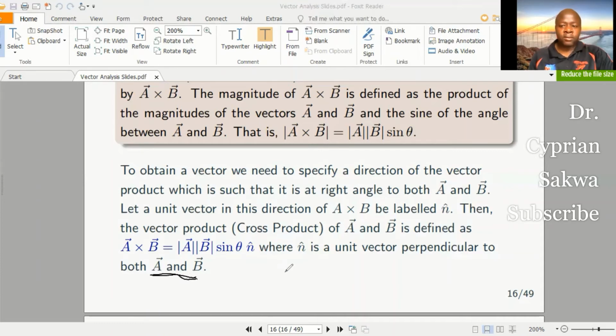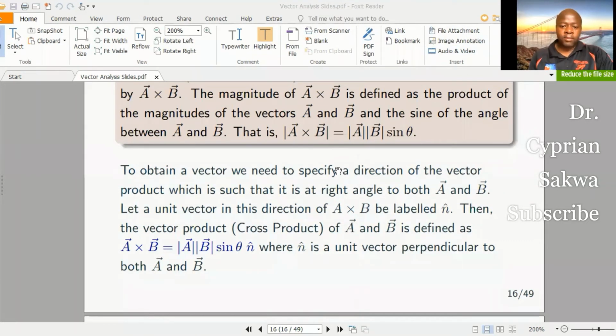So that's a unit vector. We already went through and saw how to get a unit vector which is perpendicular, and of course we'll be looking at other examples and how to do that in our other videos.